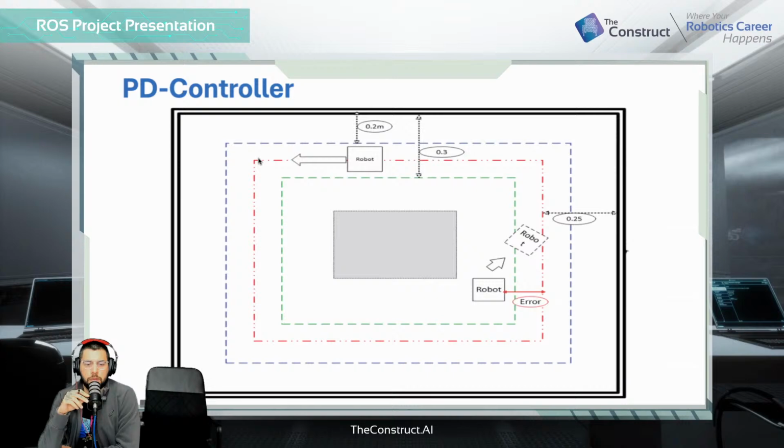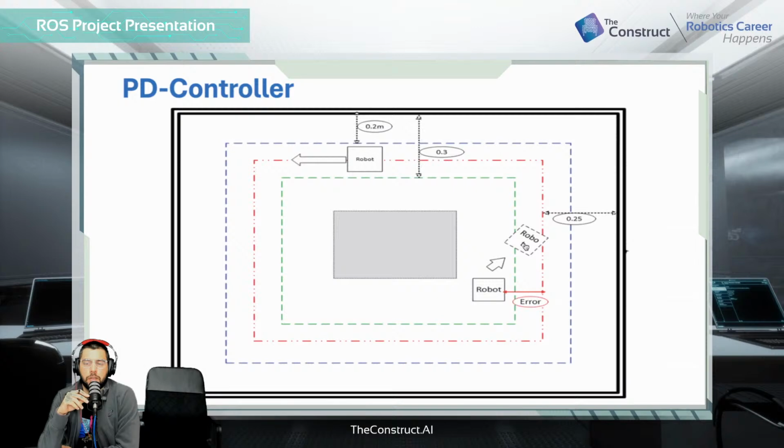Otherwise, if the robot is beyond this range, then this PD controller would measure the error between the position of the robot and the center line, that is 0.25 from the nearby wall, and then it will make the robot not only move forward but also turn. The amount of the turn depends on the error. So it gets back to the right path.